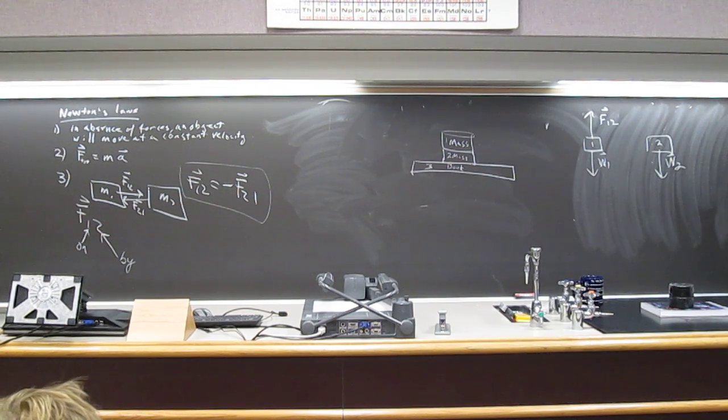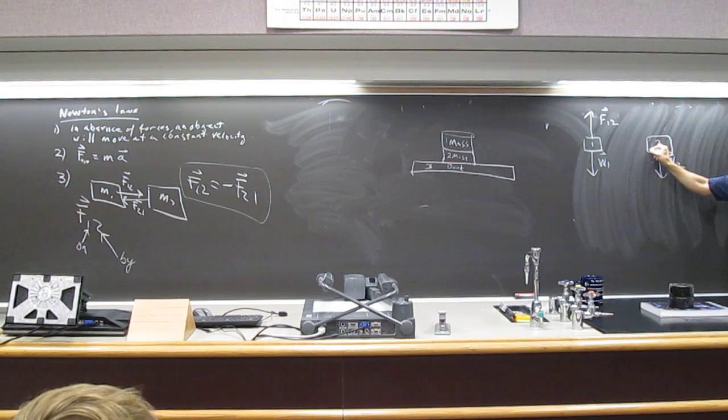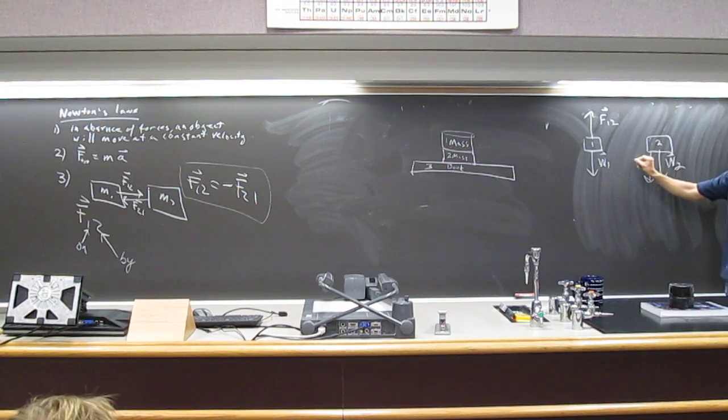Okay, what about force 2 by 1? There is a force on 2 by 1. Which way would it go? Down, because mass 1 is pressing on top of it, right? So, force on 2 by 1.